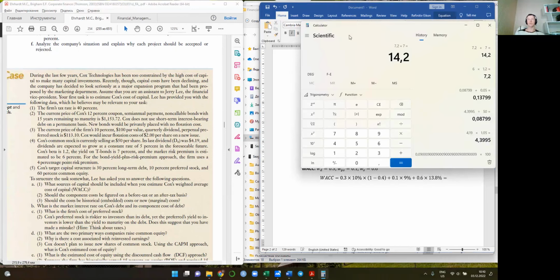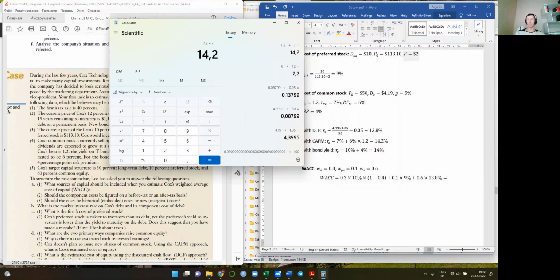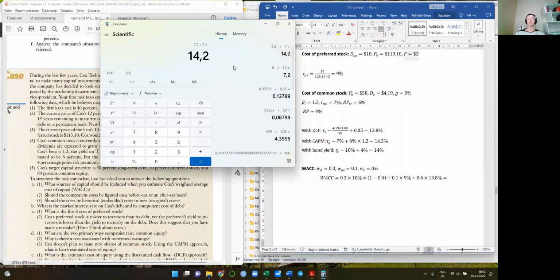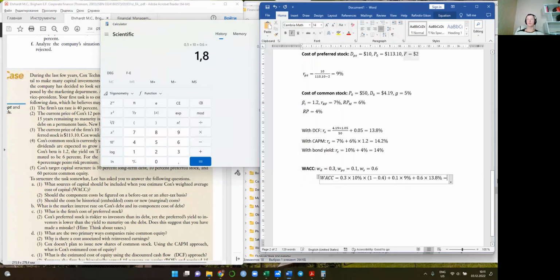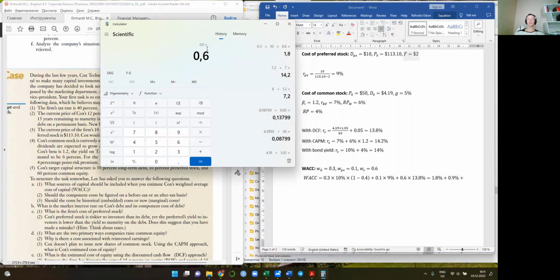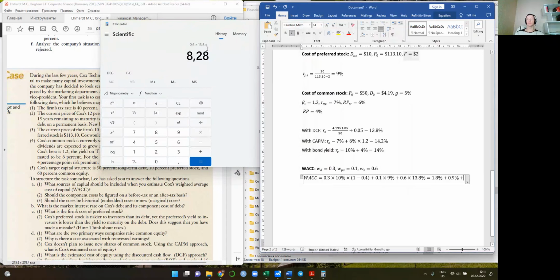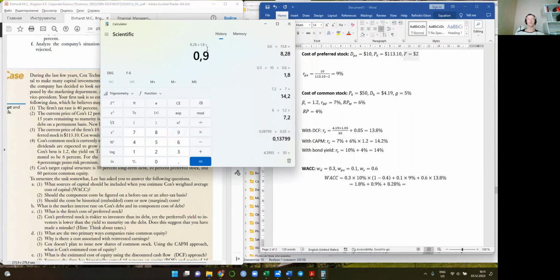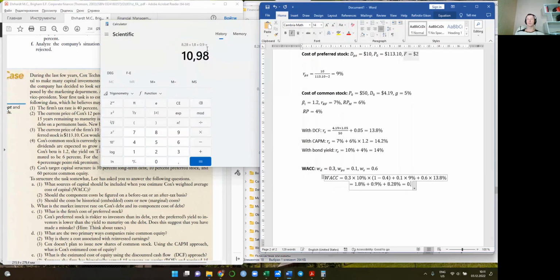That's going to be the final answer that is used for investment project valuation. So 0.3 times 6 gives 1.8%, plus 0.9%, and 0.6 multiplied by 13.8 gives 8.28%. So overall we have 10.98%.